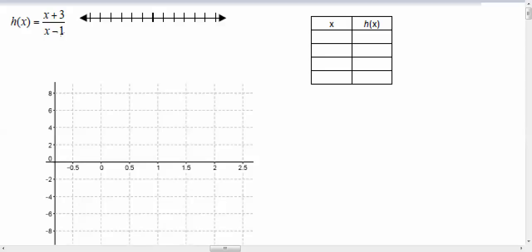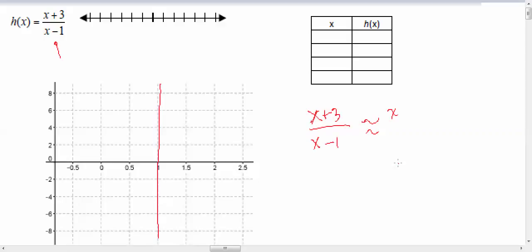Okay, what we're going to look at is, we know that there's a vertical asymptote at x equals 1. You can tell by looking at that thing right there, the denominator. As far as a horizontal asymptote goes, if x gets really, really big, then effectively this plus 3 doesn't matter, right?